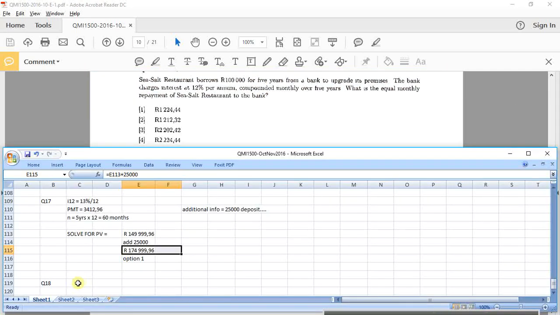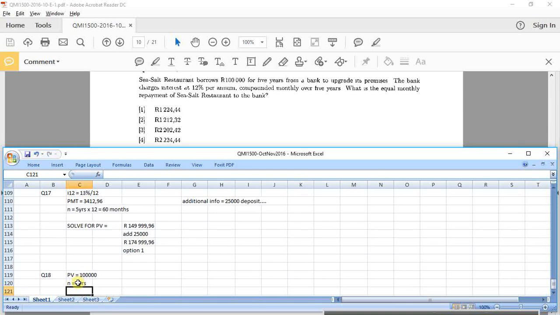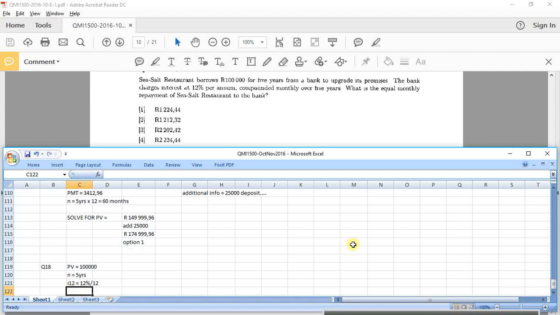18. The restaurant borrows 100,000 for 5 years. So PV equals 100,000. N equals 5 years, which is 60 months again. Well, we don't know if it's months yet. Let's carry on reading. The bank charges interest at 12% compounded monthly. Okay, now we know it's months. So I/Y equals 12% divided by 12. N is 60 months.